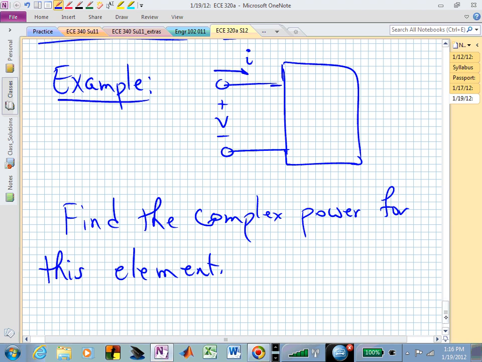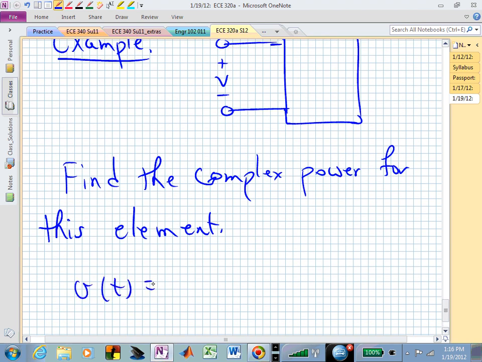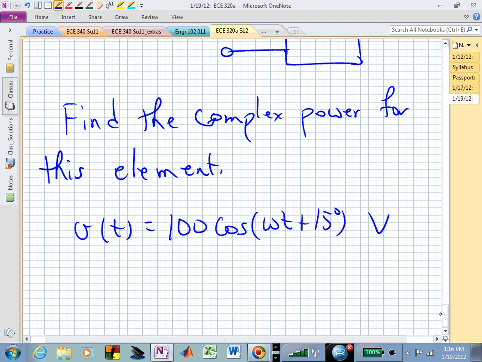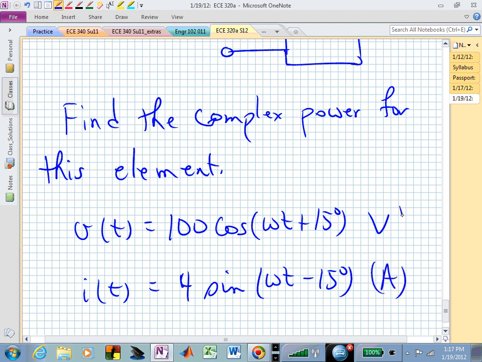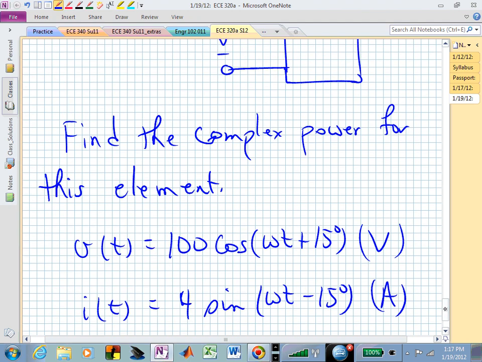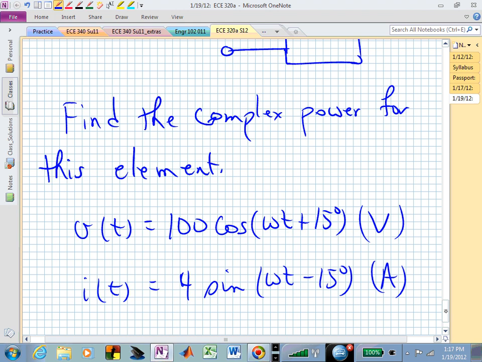I'm going to give you the voltage as 100 cosine omega t plus 15 degrees volts, and the current is 4 times the sine of omega t minus 15 degrees amperes. Does everybody understand the problem?